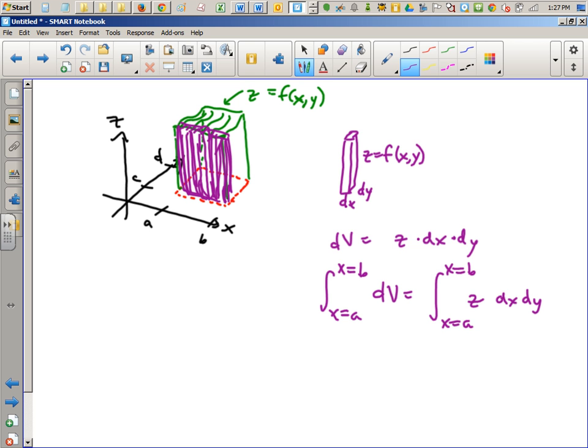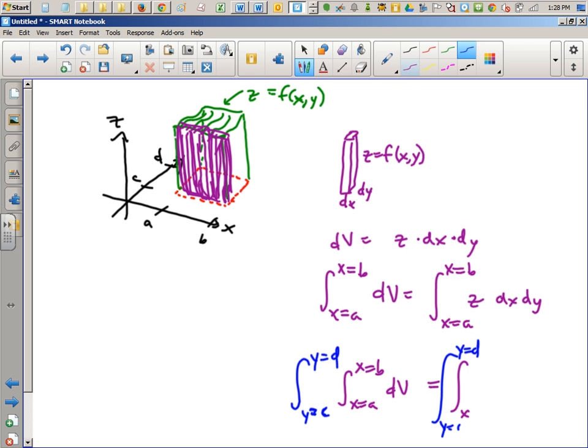So we just put on one more integral, and it collects sheets in the other direction. It's very clever, really. So now we're going to put on another integral, y equals c to y equals d. And then this is now on the inside, x equals a to x equals b dV. The right side looks like this: y equals c to y equals d, x equals a to x equals b, and then you have z dx dy.